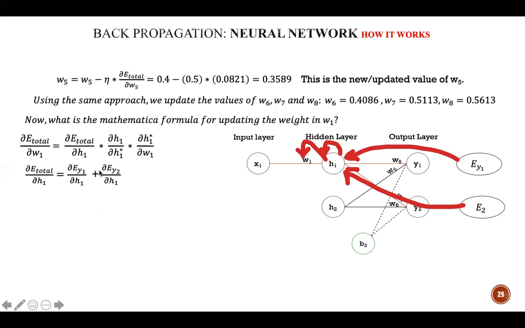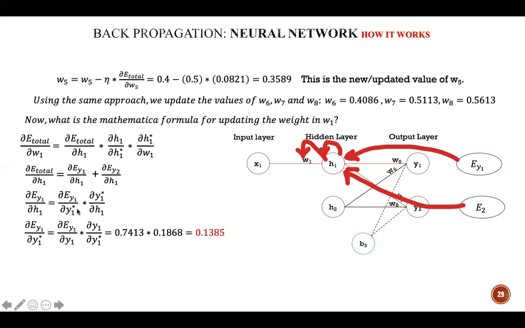Now we are still trying to figure out how to calculate this ratio, and it can be calculated using this formula. How do I calculate the first ratio, partial E1 over partial H1? It is equal to these two ratios multiplied by each other.